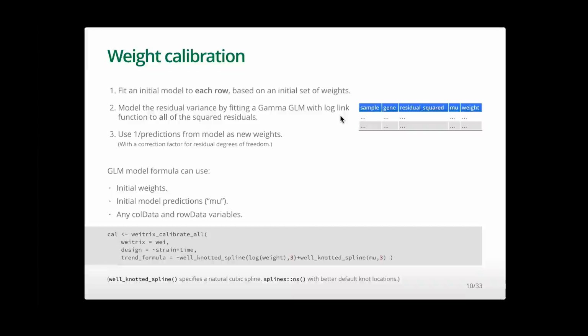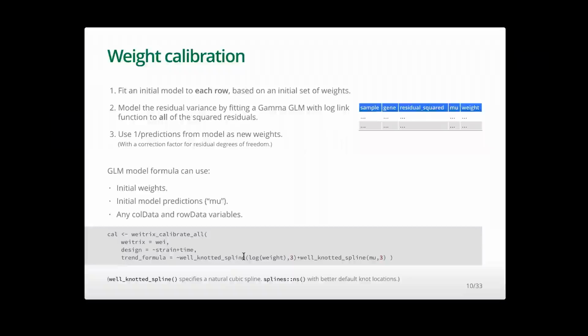Then, fitting this model, we have quite a lot of flexibility in what we use as predictors. The read counts are in this weight variable, and I'm going to fit a spline curve through them.